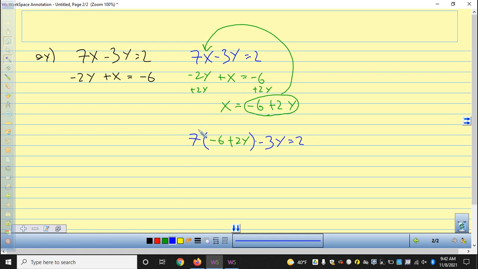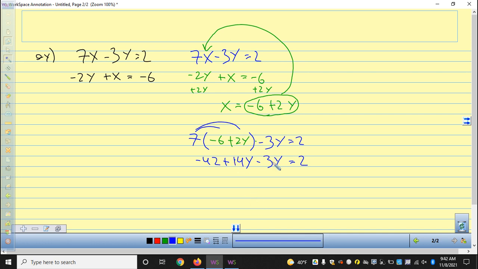Well, now I need to distribute. 7 times negative 6 is negative 42 plus 14y minus 3y equals 2. And now we're back in chapter 2 when we were doing this.